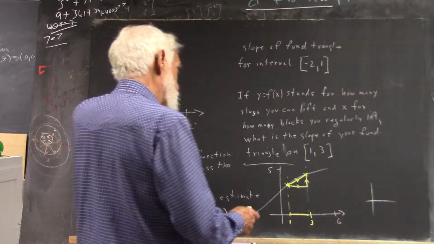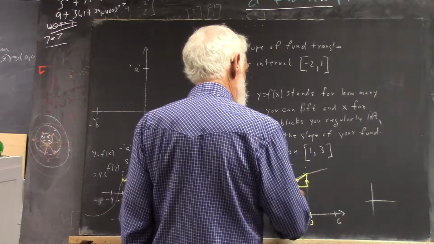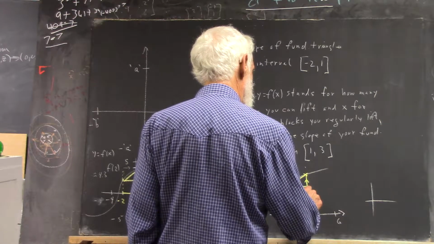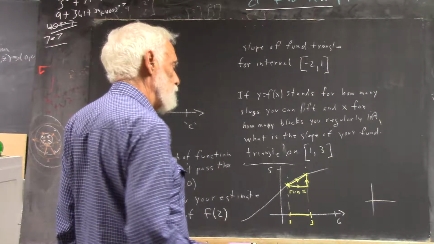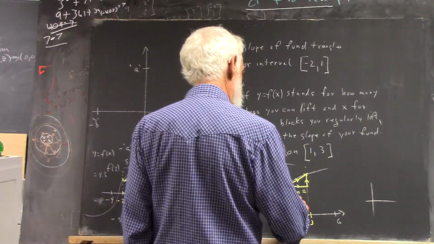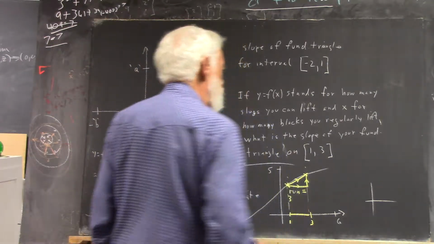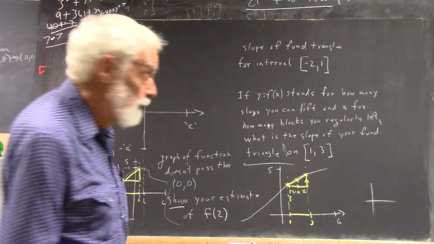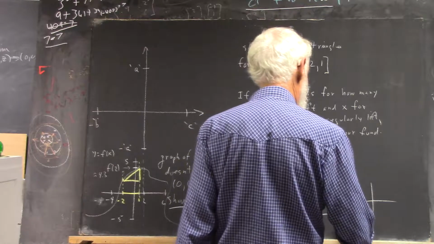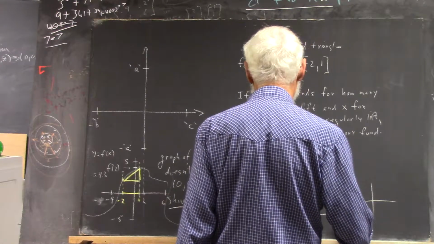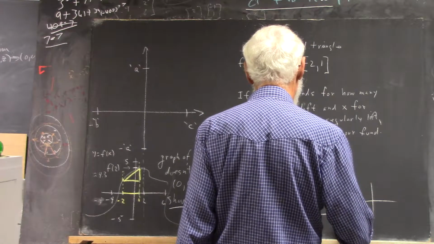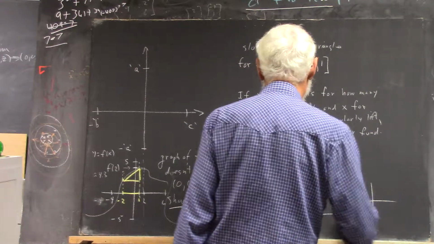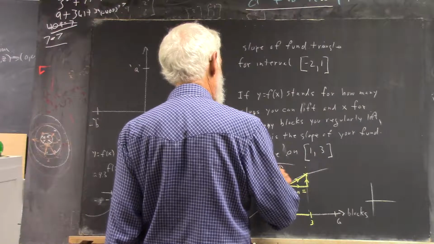Okay, so the run equals 3, but 3 what? Now we have units. This is blocks, and this is slugs.